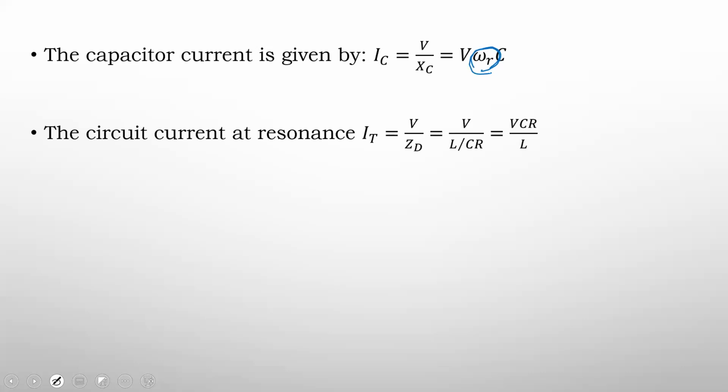For the current flowing into the circuit, we just derived the expression for the dynamic impedance. That's the impedance of the circuit at resonance. So we have V over ZD, where ZD is L over CR.